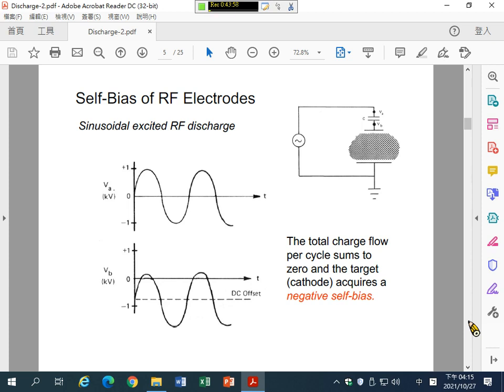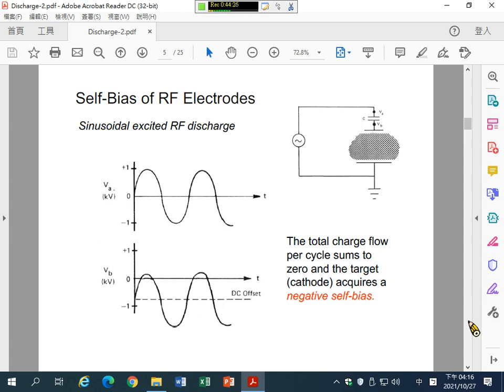It still looks like a sine wave. But on average, for the output voltage curve, the average voltage is 0 volt, because half the cycle is positive and half is negative.